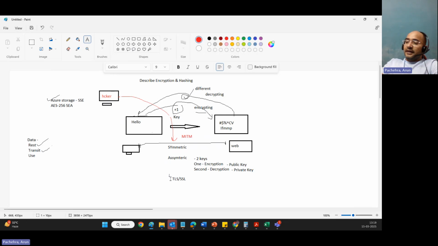So HTTPS is our example of data encryption for data in transit. The web server presents a digital certificate, or SSL TLS certificate, when you try to access something, and your browser verifies the certificate's authenticity. Once the browser verifies this, the two systems establish a secure encrypted channel like this one.